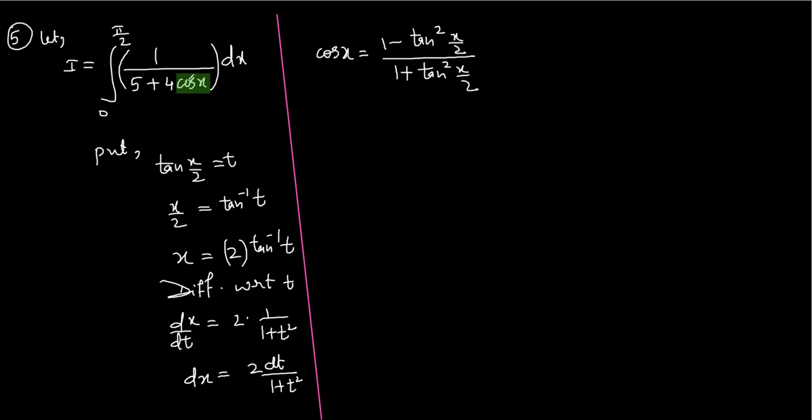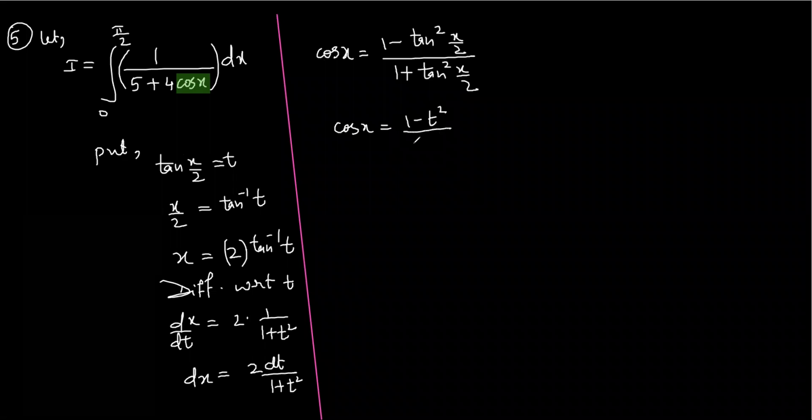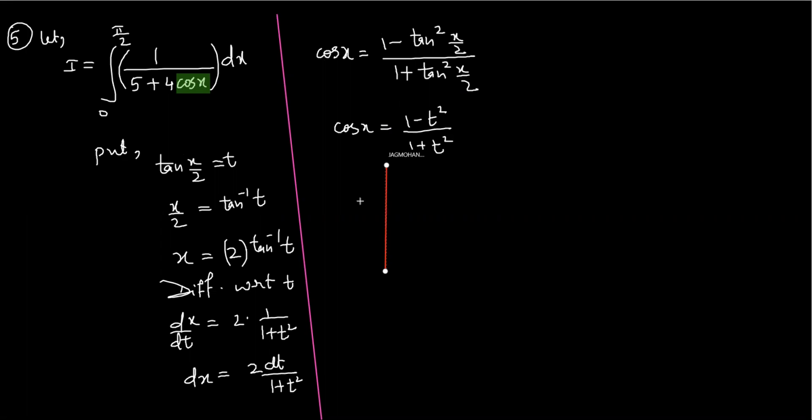I look at cos x this way. That was the reason I put tan x by 2 as t. So cos x will be 1 minus t square upon 1 plus t square.